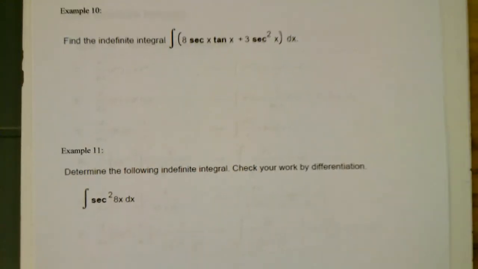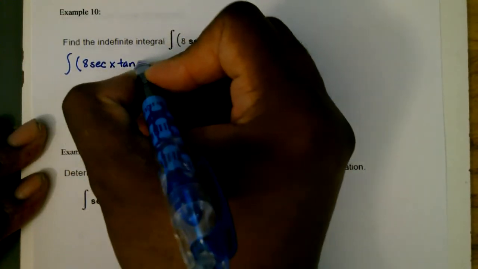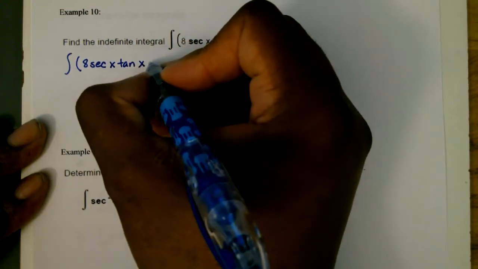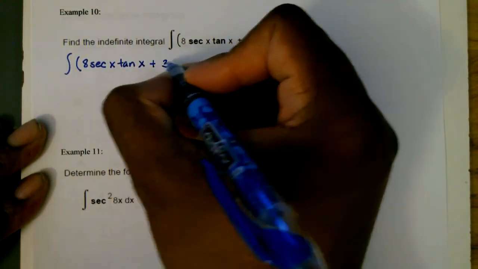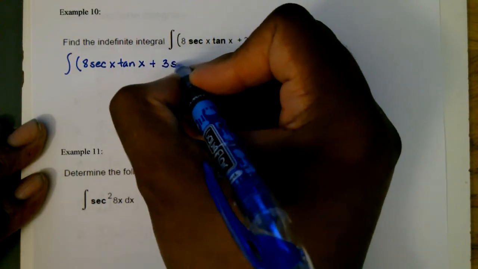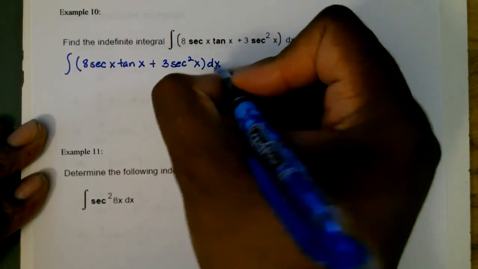All right, so in this case here, I'm going to copy down the problem. The integral of 8 secant x tangent x plus 3 times secant square x dx.